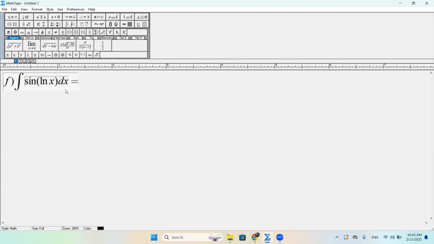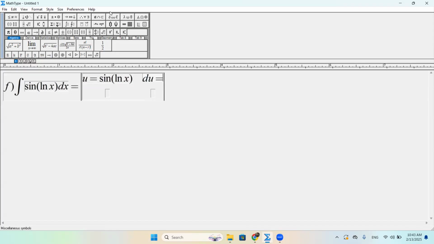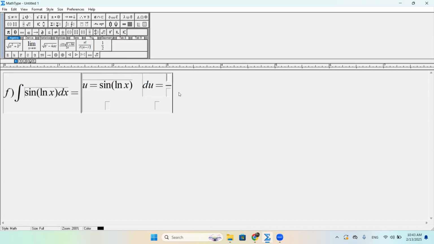For more convenience, let's take u as this expression. So du equals 1 over x multiplied by cosine of logarithm x dx. dv equals dx, so v equals x.